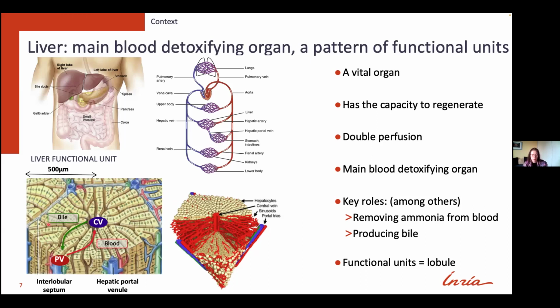Here we are talking about a liver lobule that has this kind of hexagonal shape, or at least is often described like this. Blood goes from the so-called portal triad, where this double perfusion enters, towards the central vein through capillaries, very small vessels, where the exchanges with the liver cells, the hepatocytes, take place. These processes are very important for the function of the liver.